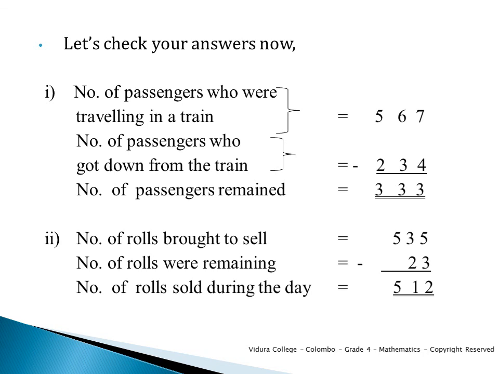Now you want to deduct 23 from 535. Answer should be 512. Children, keep it in your mind when you are solving sums like this or when you are writing statements. Keep it in your mind to write down the subtraction mark as shown.